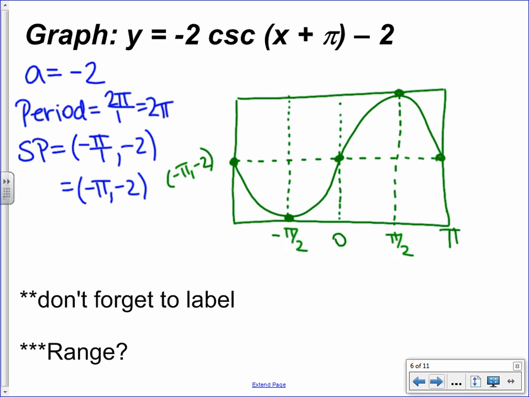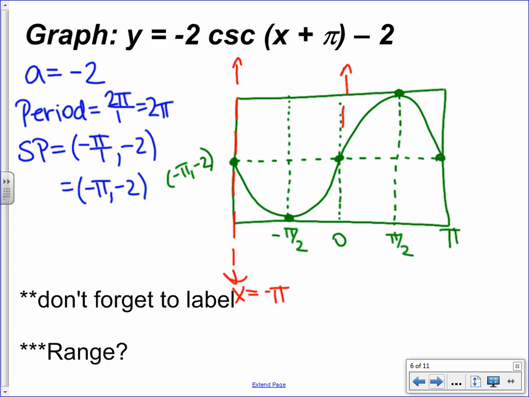Okay? Now, the asymptotes shift with our function, okay? And so anytime your sine or cosine curve crosses this middle dotted line, that's where our asymptotes are going to go. So we're going to have an asymptote here at x equals -pi.